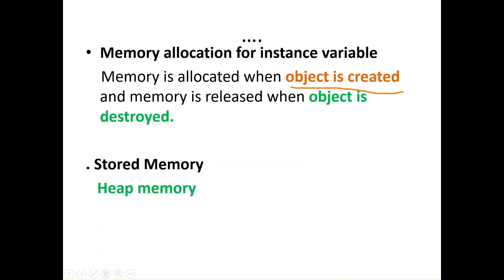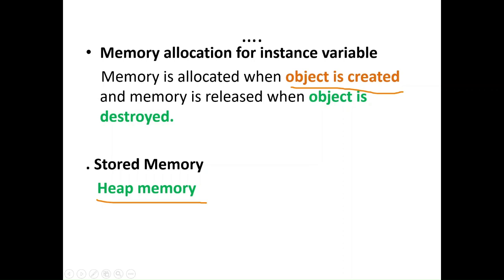When the object has done its part, calling all the methods and executing them, the object is destroyed, so the memory is also released. During the object creation of the particular class, memory is allocated for the instance variable. Where is it actually stored? It is stored in the heap memory.